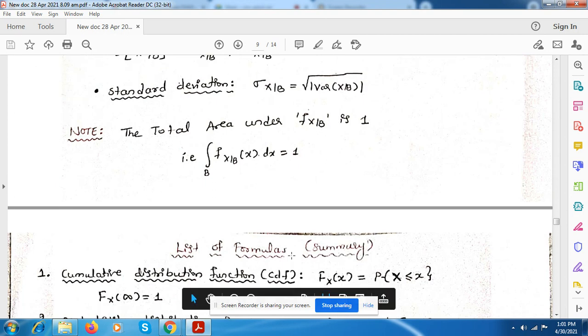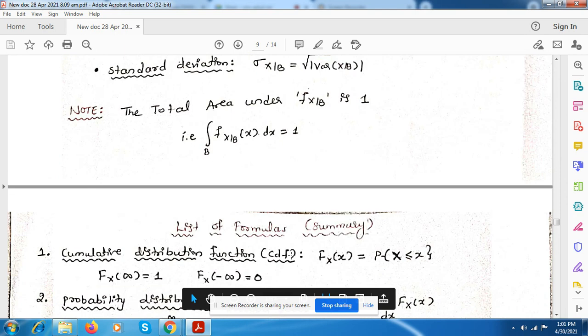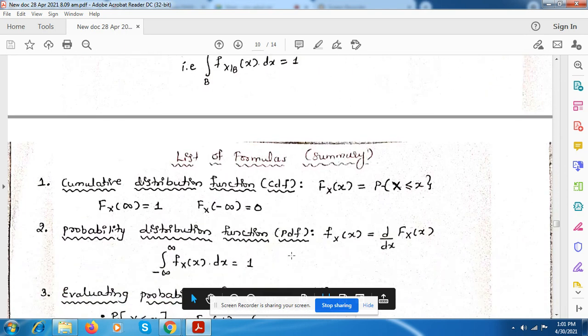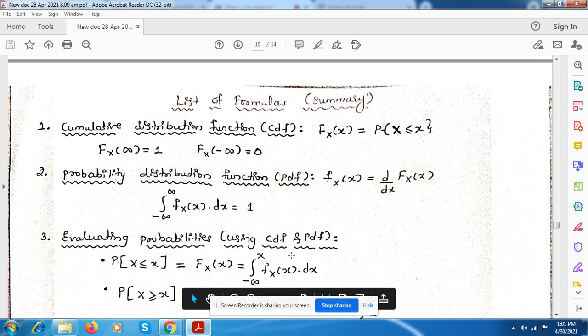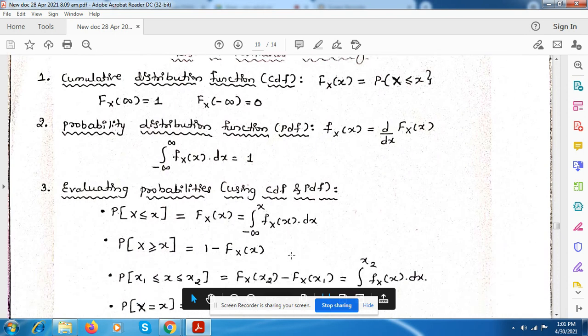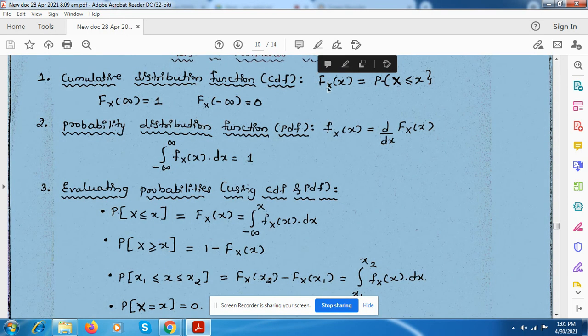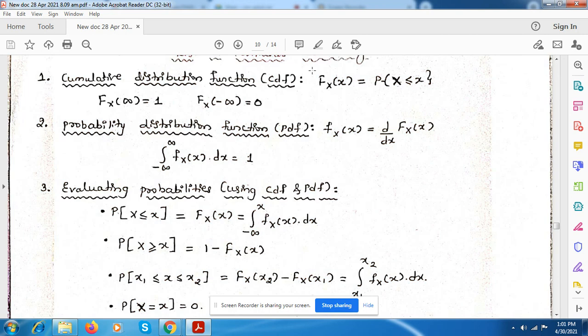So first we will see the list of formulas. You have to write it in your notes, so it will be helpful for you. So first we had seen the CDF, that is cumulative distribution function. We denote it by capital F x of x.